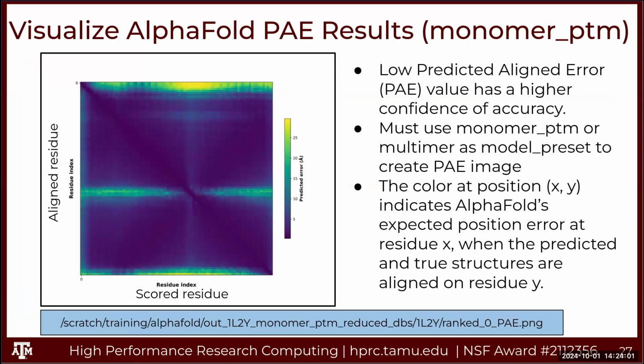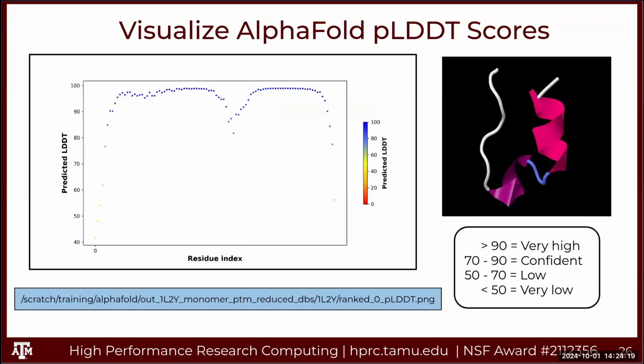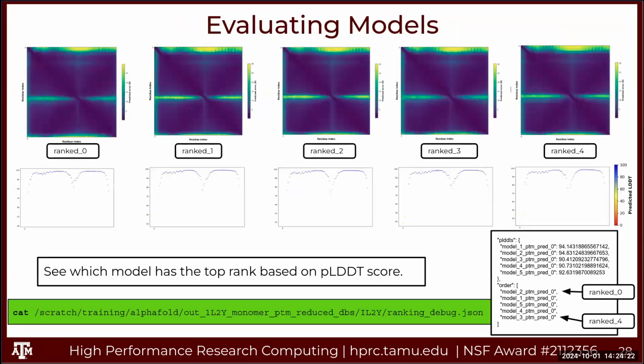There's some other graphs if you're interested in the PAE scores, predicted aligned error scores. This AlphaPickle software was introduced to us by one of our users, and we added it into our workflow just because it'll create these graphs for you. You can review, for example, the 5 models. Model 1 starts with model 1, 2, 3, 4, 5, but the ranked naming starts with a 0.